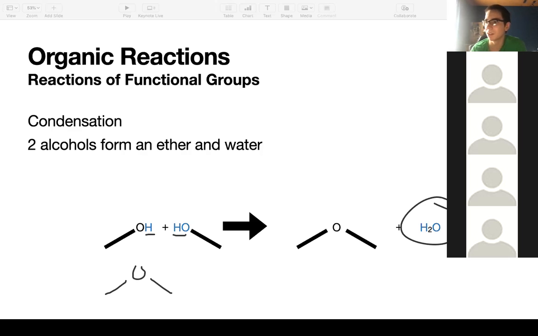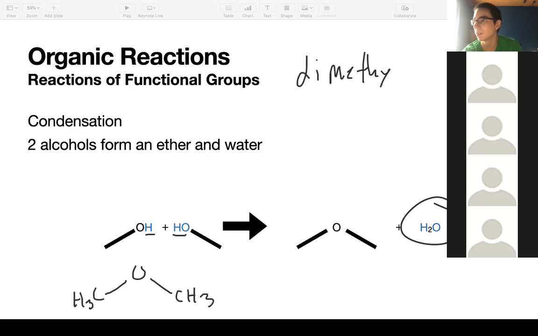And quickly, we didn't go over it, but naming ethers. Oh man, what's it called? So this one is H3C, and this one is the same thing, CH3. Since there are only methyl groups, we're going to call it dimethyl ether.